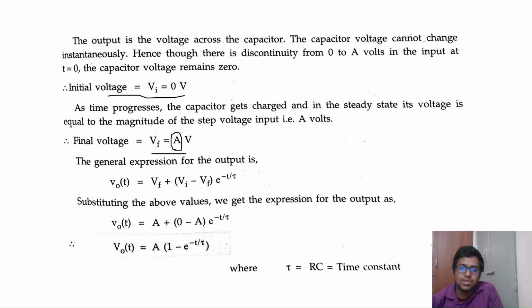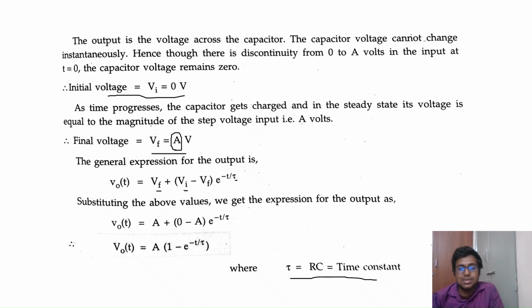And I know the general expression for the charging of a capacitor, which is nothing but V naught of t equal to V final plus V initial minus V final into e power minus t by tau. Here F stands for final, V initial is the initial voltage, and tau is the time constant.